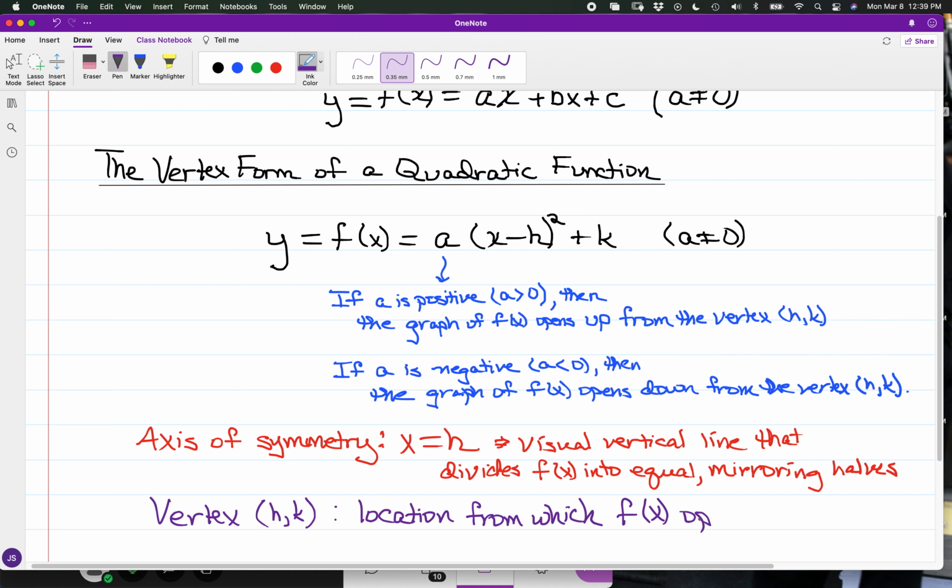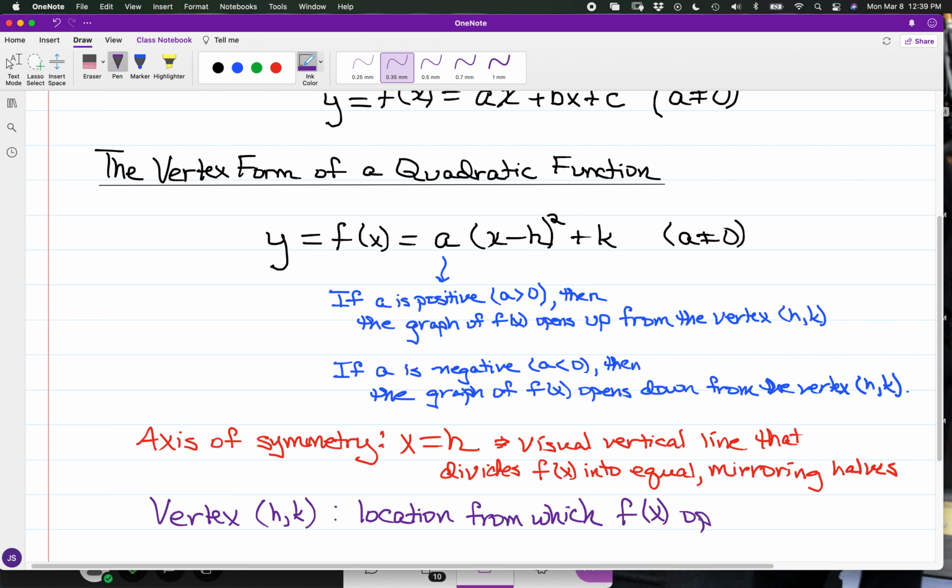Now regarding quadratic functions, the graph of a quadratic function is going to be a parabola.